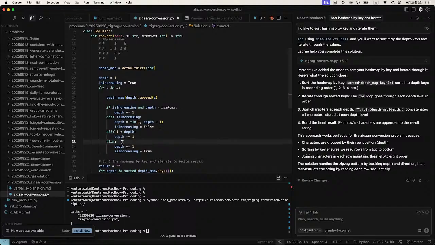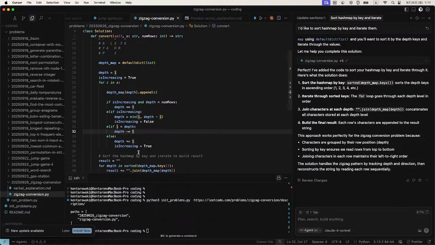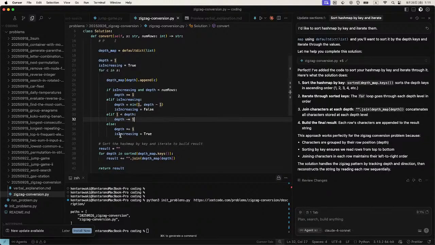Depth might be more than 1 in this case. Yeah, we can decrement it, and otherwise the depth may be 1.